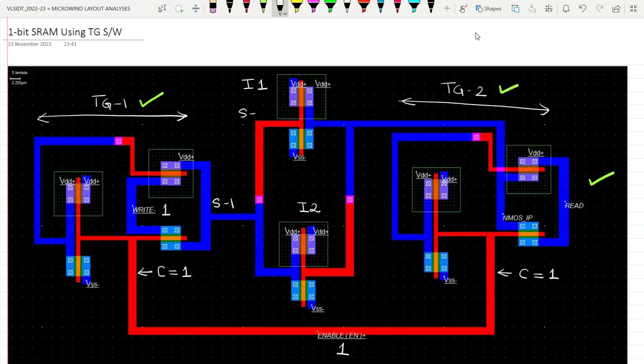Strong 1 is applied to input of I1. I1 converts strong 1 into a strong 0. Strong 0 is transmitted to the input of I2 and I2 converts strong 0 into strong 1 and the system stabilizes.